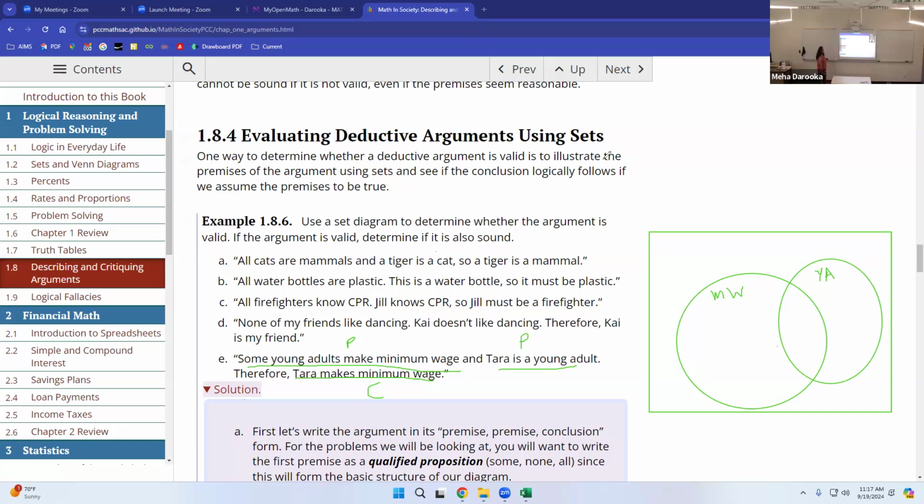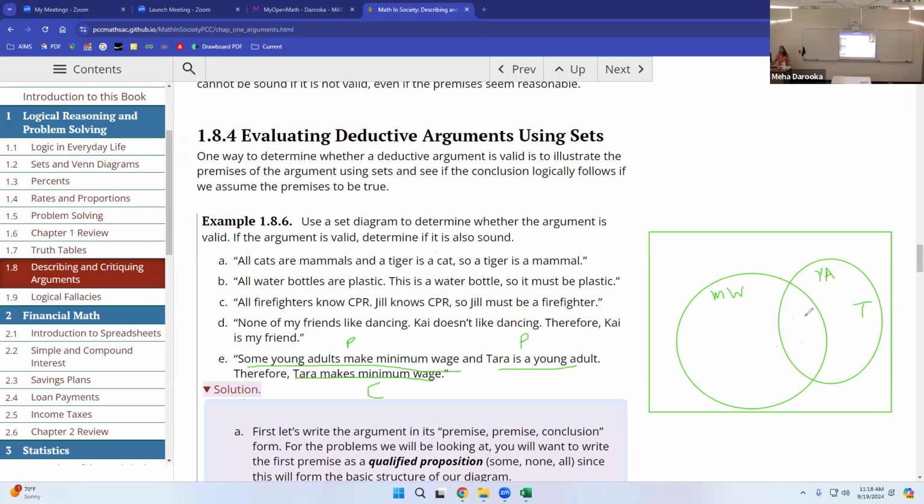They're telling us Tara is a young adult. So where can we technically place Tara? The young adult circle, but does that necessarily mean that we have enough information to place her into the overlap region? Because Tara is a young adult, so technically, even if I place Tara here, I satisfy that premise, don't I?